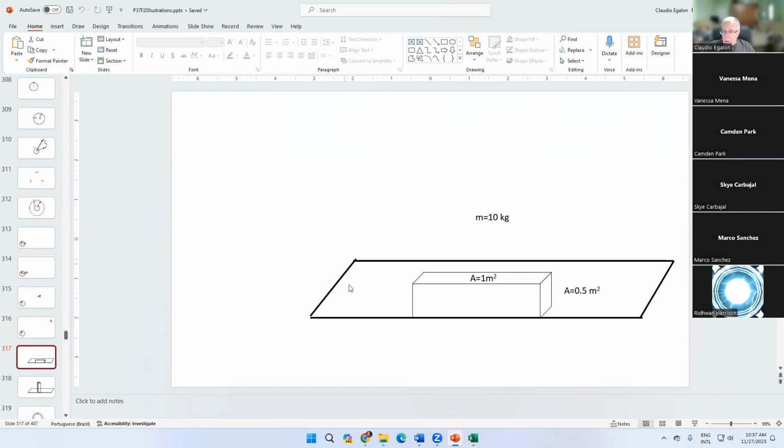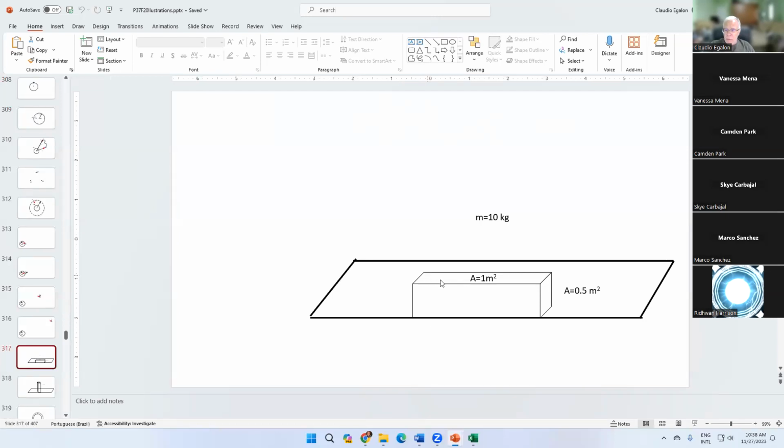Consider a parallelepiped of mass 10 kilograms. And this parallelepiped has an area of 1 square meter and another area here of half a square meter, right? So this parallelepiped that you see right here is exerting a pressure over the surface.